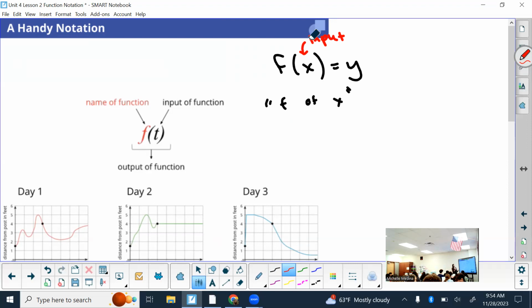What they mean for that would be 60 seconds since the dog owner left. The output is what that's equal to, your y. Sometimes they don't give you the input, but they give you the output, and they ask you to find the input, and vice versa. So that shortens everything we just talked about, and you see that on your test. You have to answer questions in function notation. So questions on that?